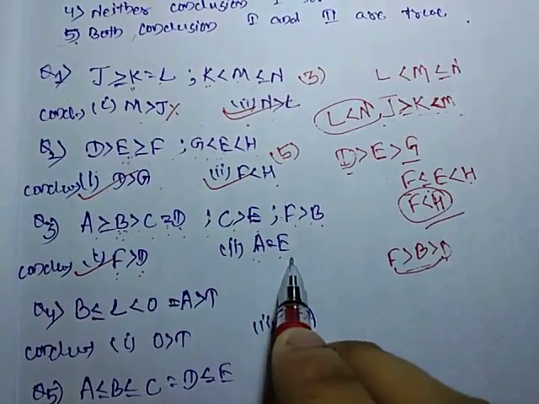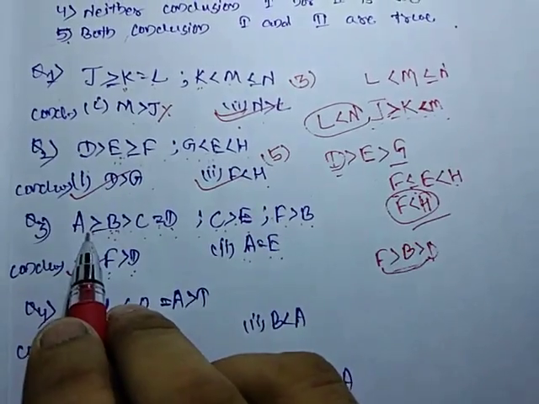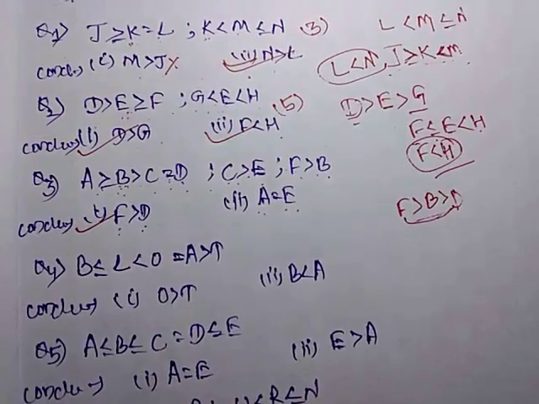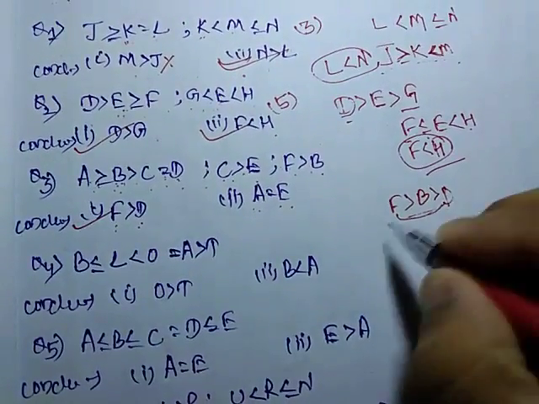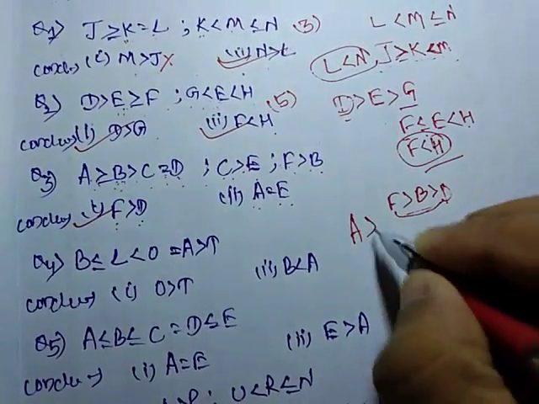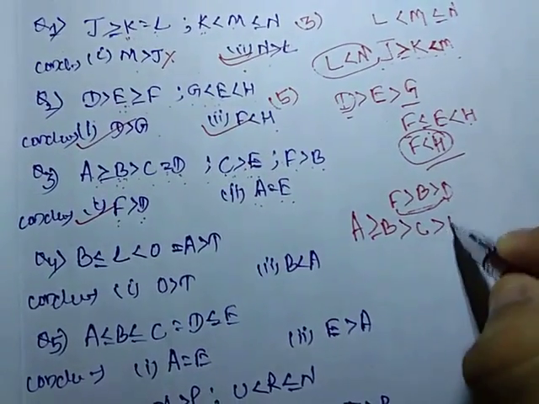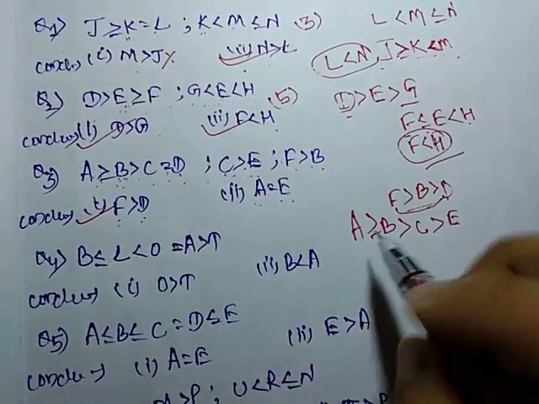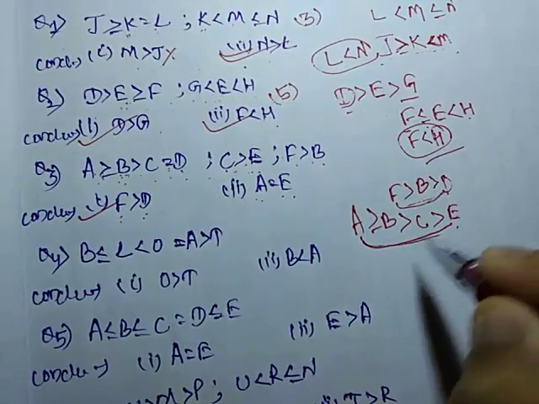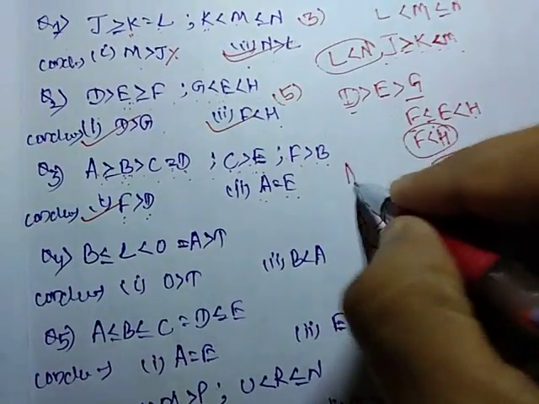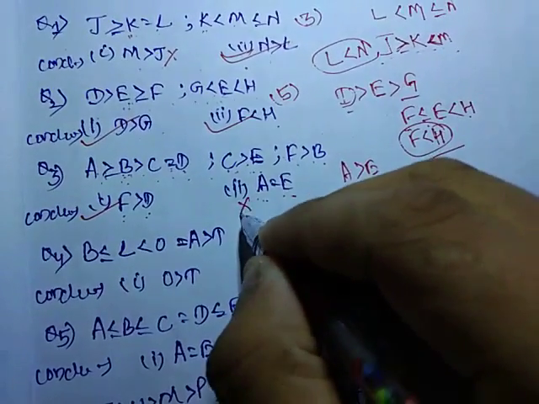Now I have to check A equals E is true or false. C is greater than E, and we can write A is greater than or equal to B is greater than C. As from this C is greater than E, we can write A is greater than E. But here given is A equals E, so this statement is false.